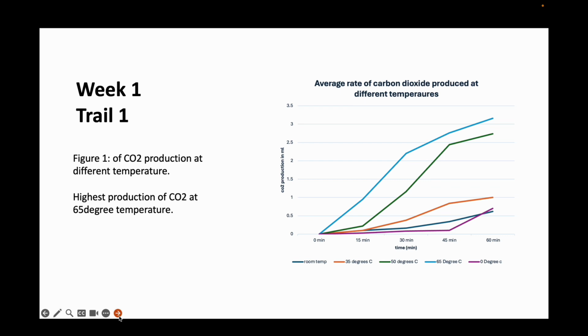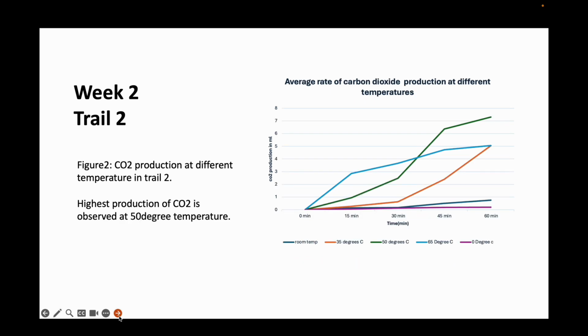Minimum production of CO2 was observed at room temperature. However, there was no CO2 production at the 0-degree temperature till 45 minutes, and after 45 minutes 0.5 ml of CO2 production was observed at the 0-degree temperature in week 1.